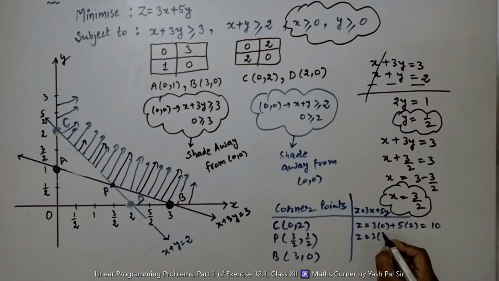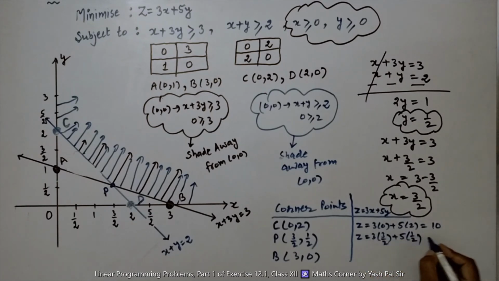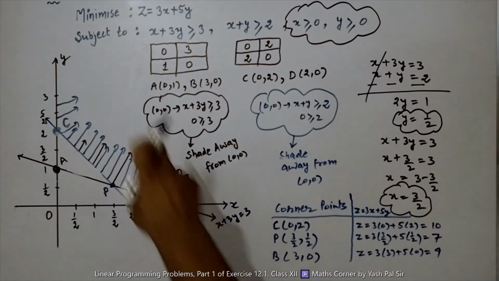Next time, Z is equal to 3 into 3 by 2 plus 5 into 1 by 2. This becomes 9 plus 5, 14 upon 2, 7. Third time, Z is equal to 3 into 3 plus 5 into 0. This is equal to 9.